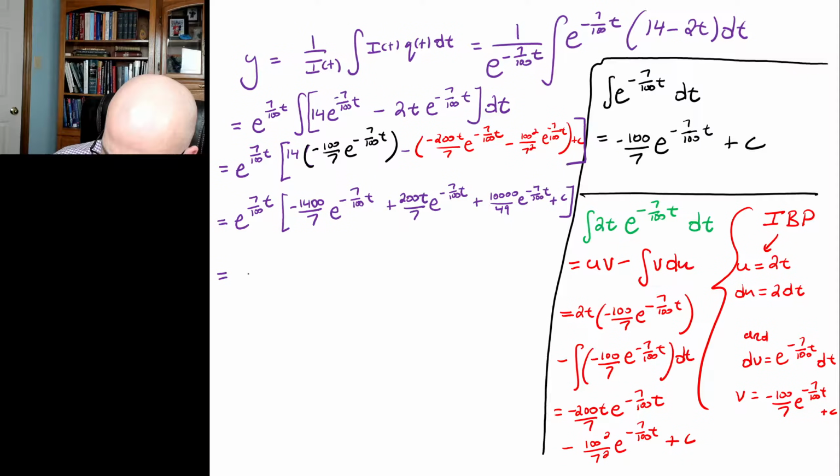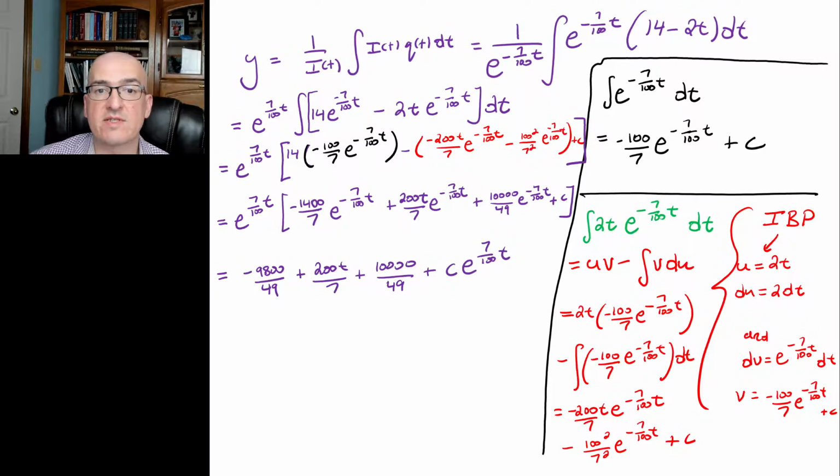So I'll get, let's see, times 7, so that's 98, negative 9,800 over 49 plus 200t over 7 plus 10,000 over 49 plus c e to the 7 over 100t.